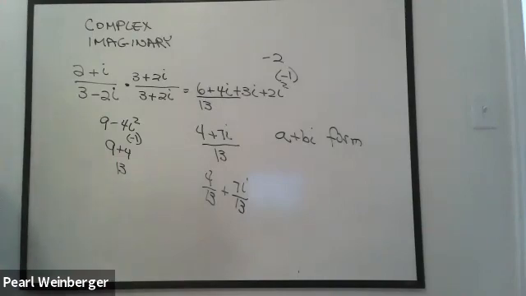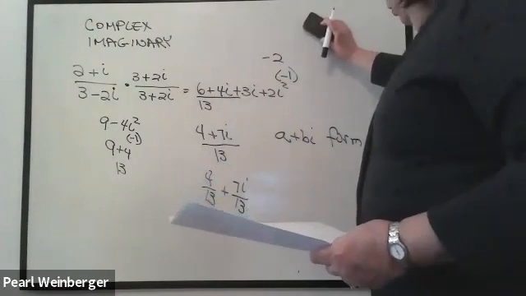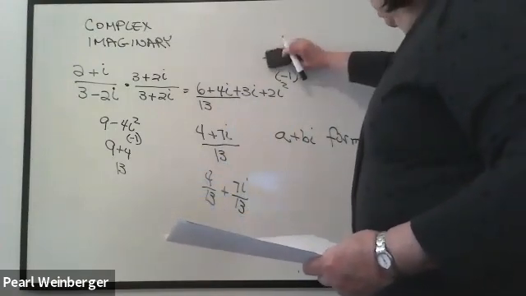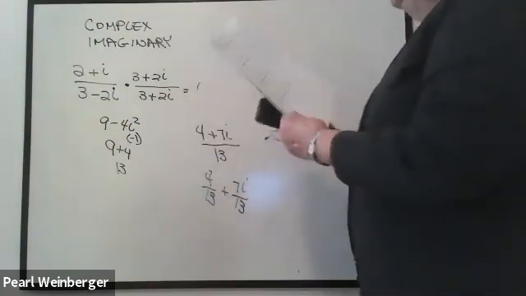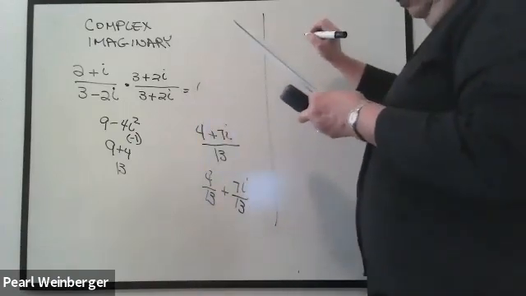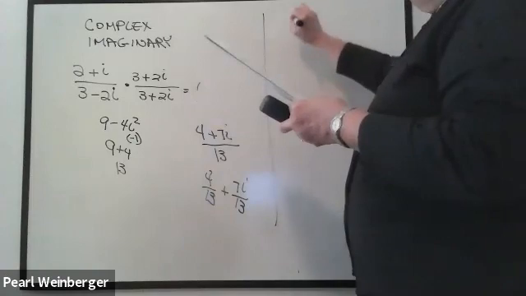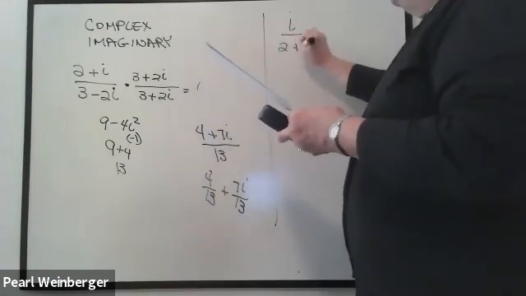Okay, we have a couple of minutes, so I'm going to give you one to try. Again, it's going to be off a final exam, so you'll see what it's like. Here's the example that they gave. It says, write your answer in a plus bi form. They give you i over 2 plus i.